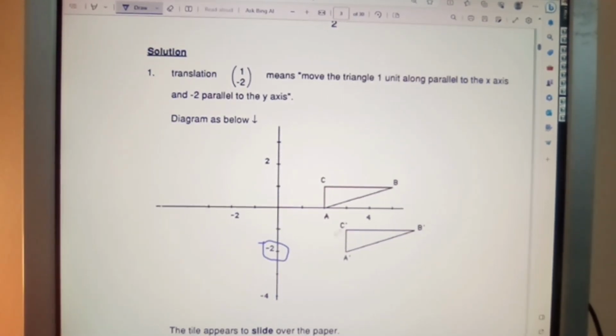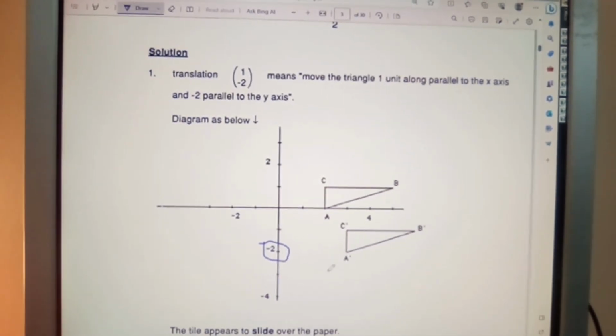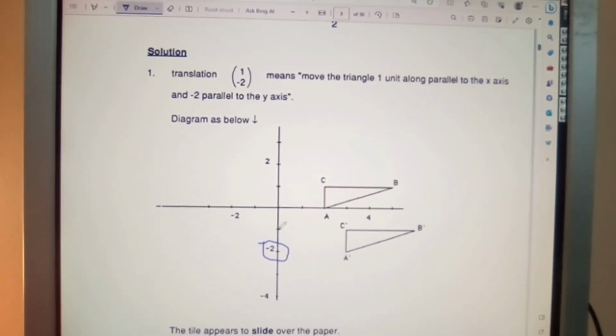Now try doing this for yourselves, okay? It's important that you try and do this for yourselves. But you can see here -2, 1, 2, -2, that shape. That's the object. This is our shape that we are bringing in on our graph.